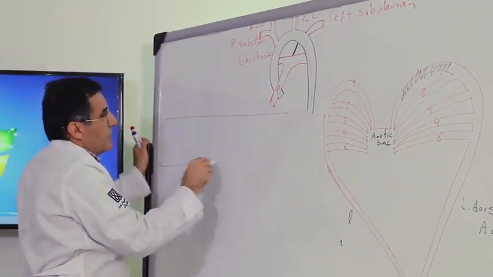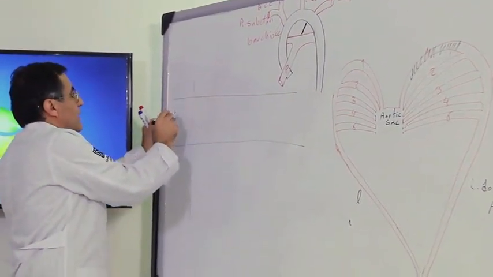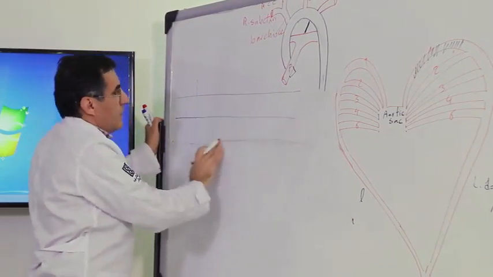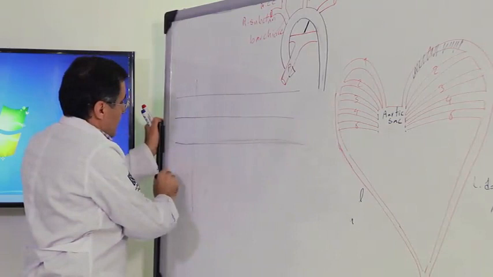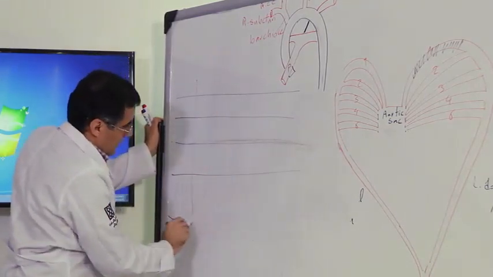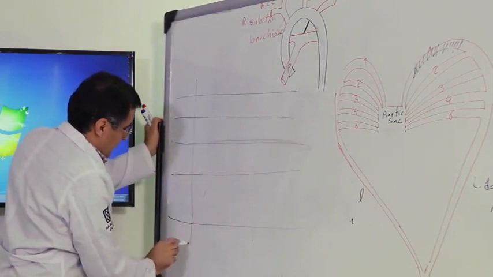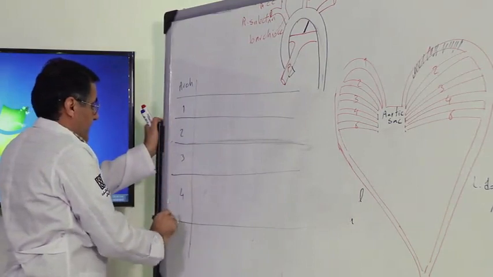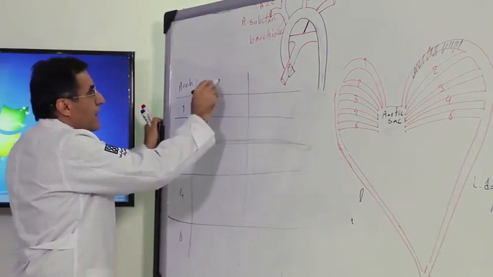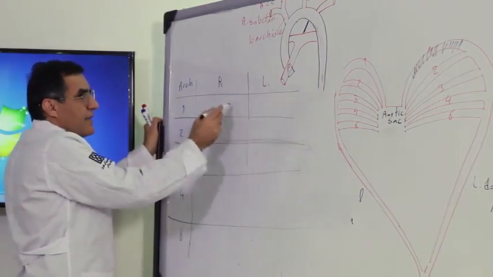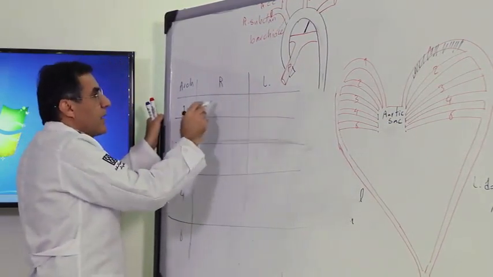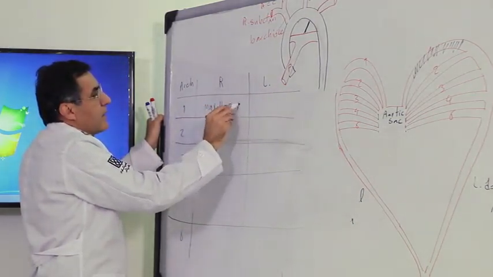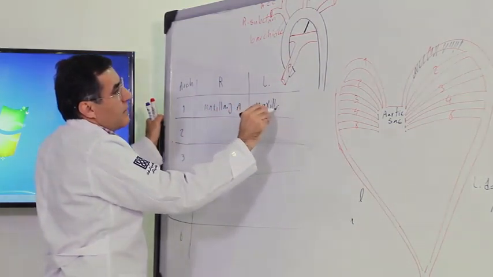I'll draw a table: first arch, second, third, fourth, and sixth. This is the right side and left side. The first arch degenerated and on both sides makes a small part of the maxillary artery.